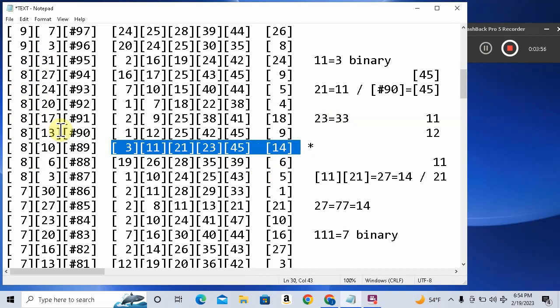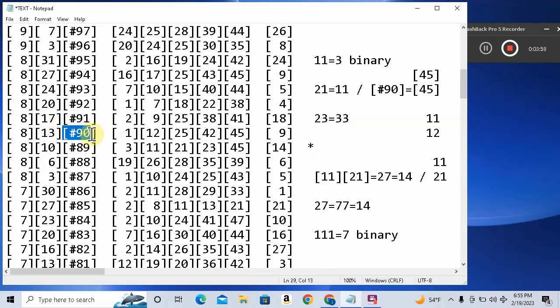As you can see right here, we got 90, right? If you divide 90 in half, you get 45. So these sequences here have a relationship with these numbers right here. Like here's the 13, right? It sequences to a 3 there, and so you could even assume there's going to be a 1 there, and you would be right.